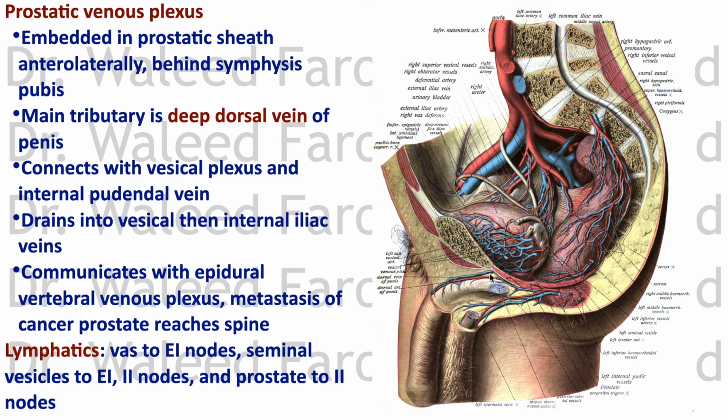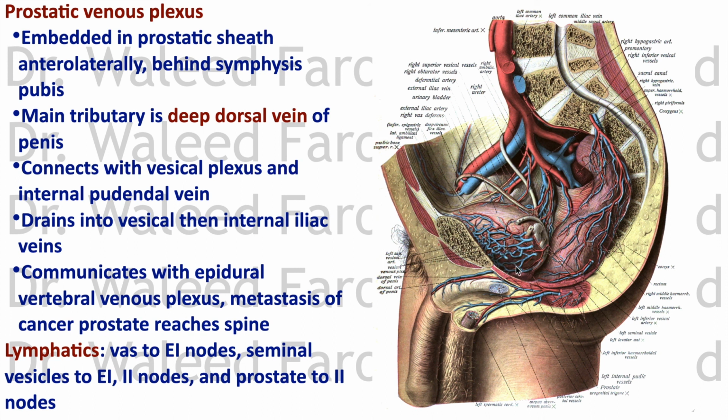This is the deep dorsal vein of the penis, the main tributary of the prostatic venous plexus. It connects with the vesical plexus and the internal pudendal vein, and drains into the inferior vesical veins accompanying the inferior vesical artery, then the internal iliac veins, and communicates with the external vertebral venous plexus at the back.